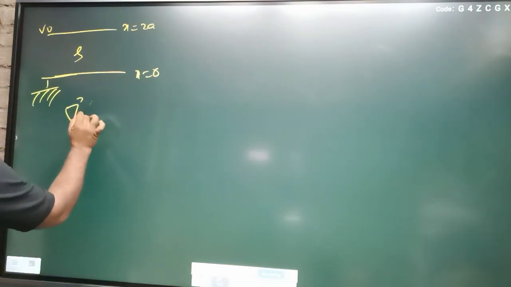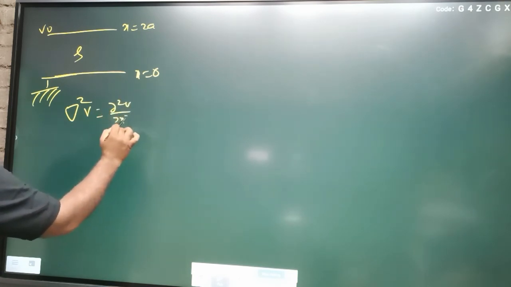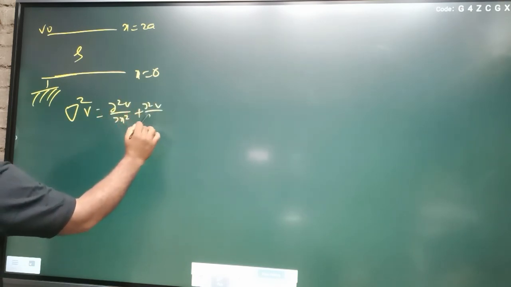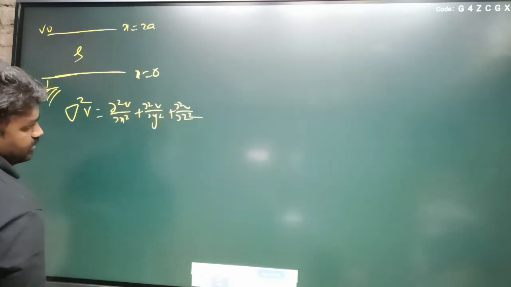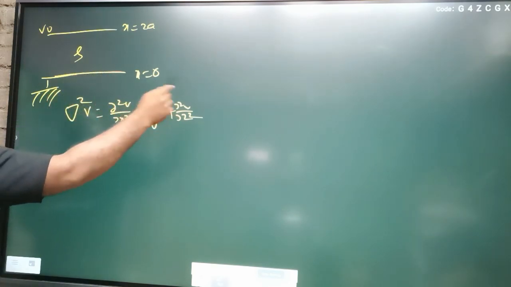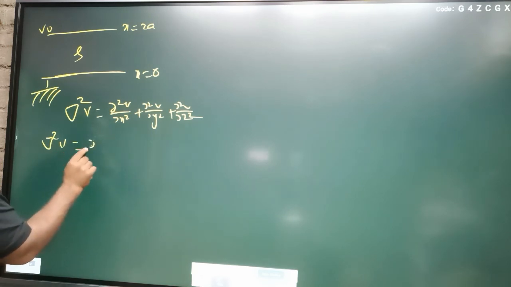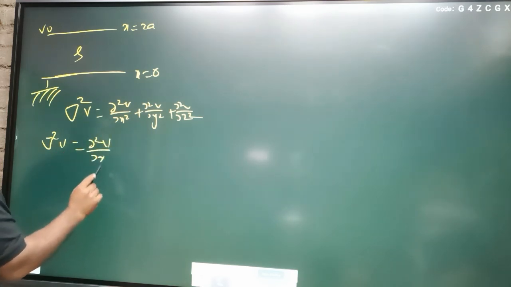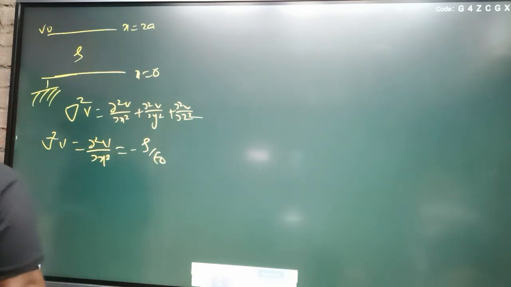Del square v is equal to del square v upon del x square plus del square v upon del y square plus del square v upon del z square. Yes or no? But here x is a variable, then neglect second and third parts. Means del square v is equal to simply del square v upon del x square, is equal to how much? Minus rho by epsilon naught. Yes or no? Minus rho by epsilon naught.